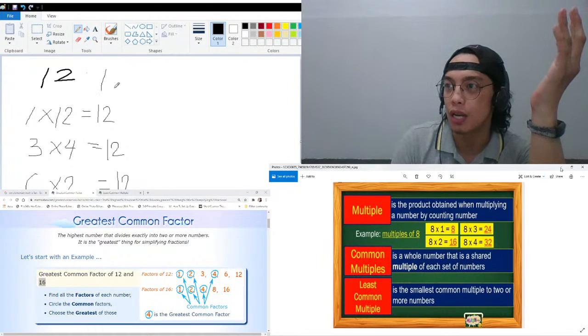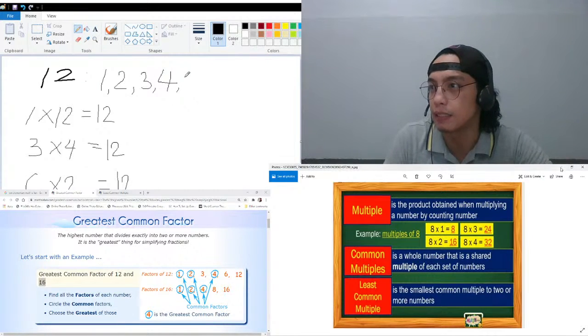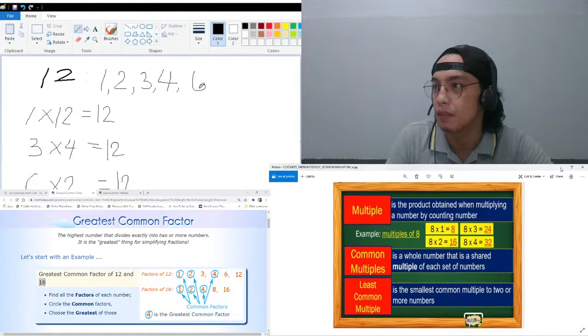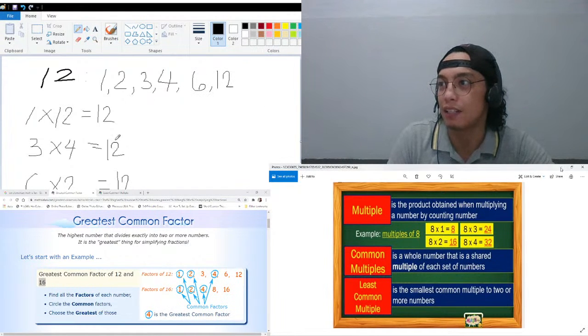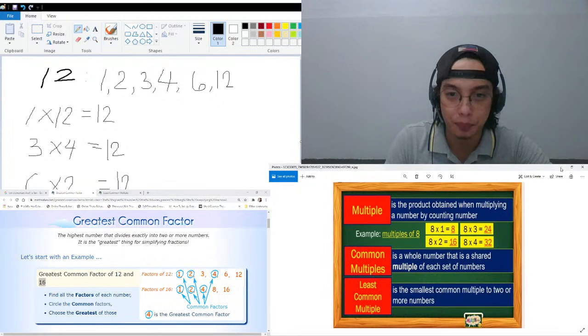Ito na ipasunod ha. Then, naatay 2. Naatay 3. Naatay 4. Naatay 6. And of course, the number itself, 12. Okay. Right, kana na siya. Muna ang mga factors sa 12.